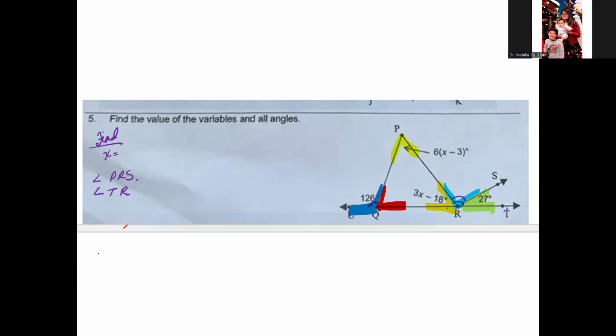How many angles are there? Count. Angle UQP. What about the red one?